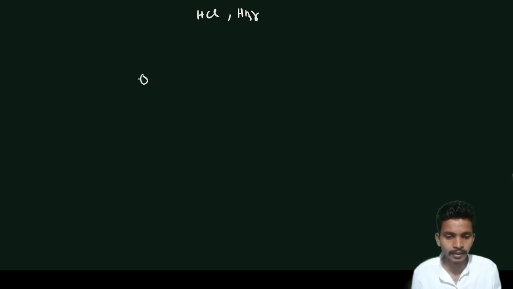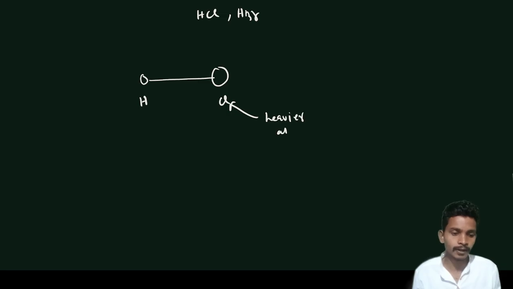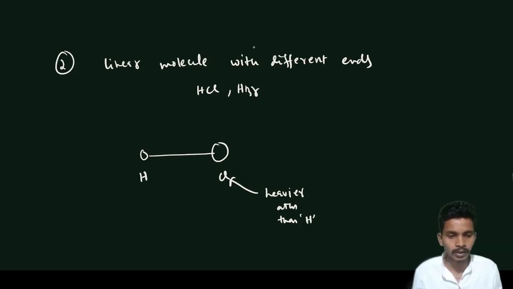Let's say here is one atom and another atom is heavier than this atom. Let's say this is Cl and this is H. So Cl is a heavier atom than H.